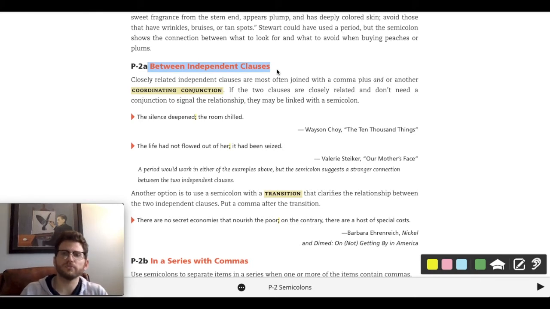Oftentimes when I talk to students about grammar, I will say, there are certain grammar rules, the commandments of grammar, but certain language choices are style. Do I use a semicolon? Do I use a period? That's a style choice.